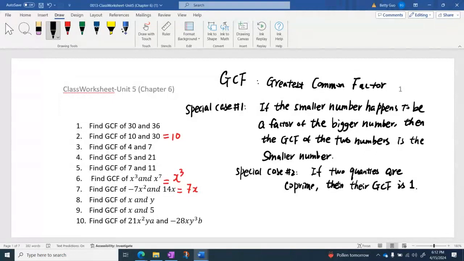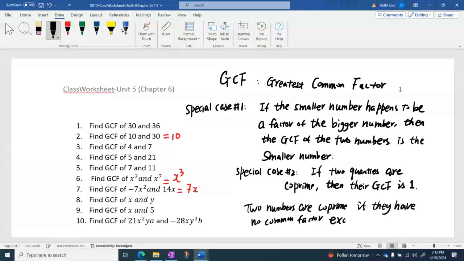Two numbers are co-prime means they have no common factor except 1.